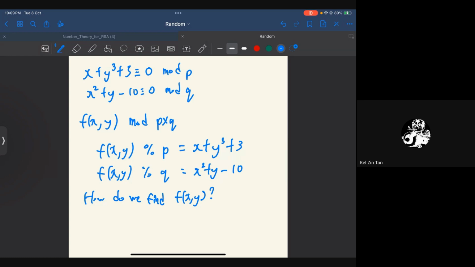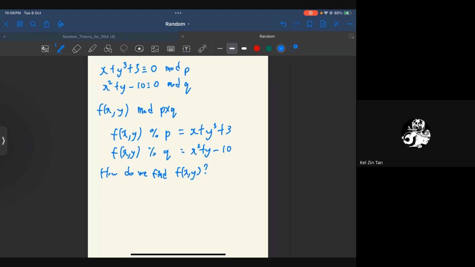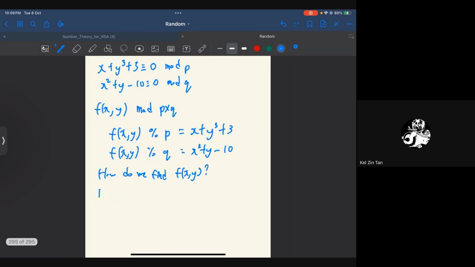The way to do it is surprisingly not too difficult. You can replace with a new variable first. Actually, replacing with a new variable is just a way of saying things, but in fact you don't really need to do that. So how do you do it? You let z be equal to 0.